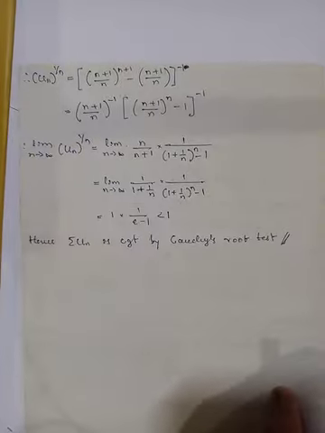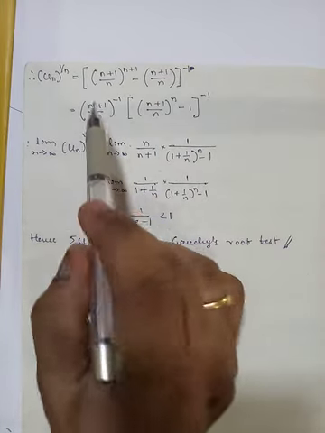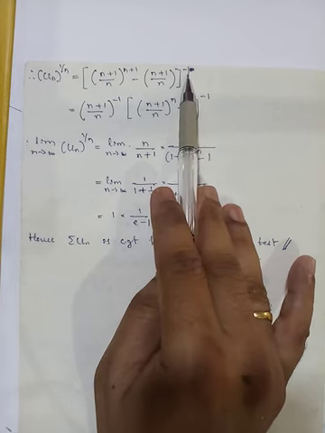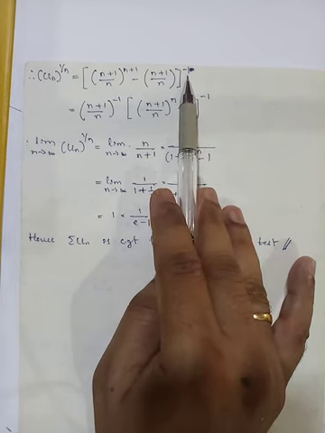Now we are going to check the nature of the series applying Cauchy's root test. We take the power as 1 by n. We have the power minus n, so that n cancels, and we are left with minus 1.